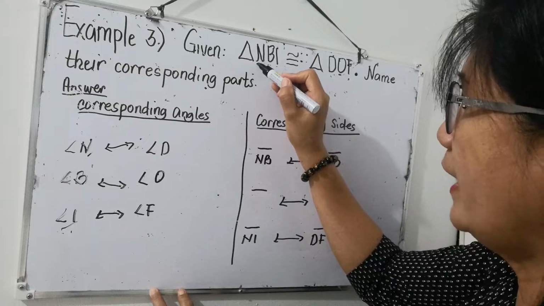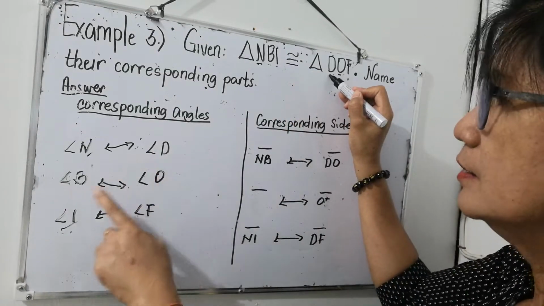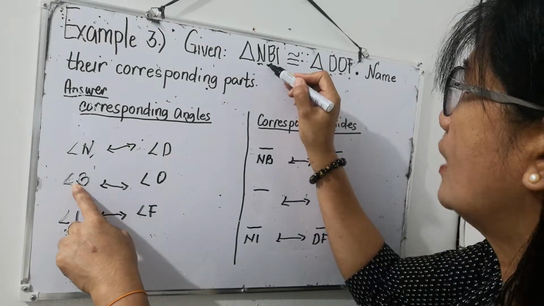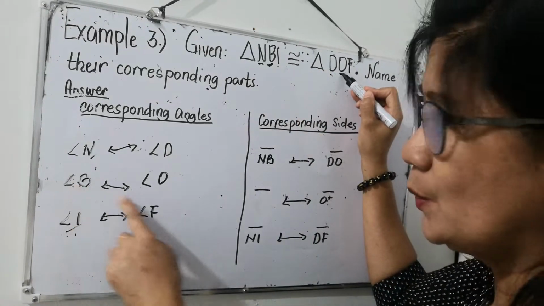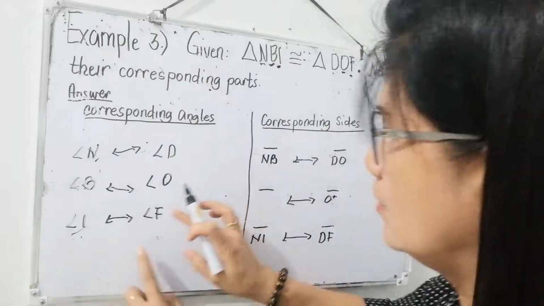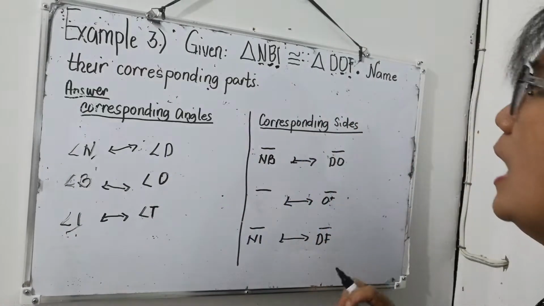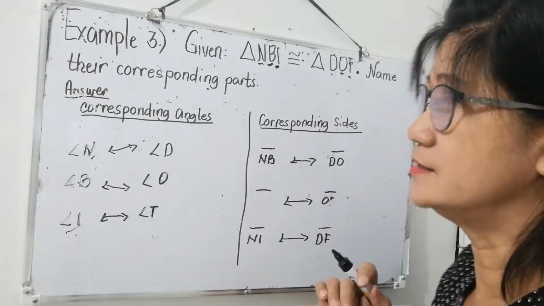So, angle N corresponds to angle D, no? Then, angle B, this one, corresponds to angle O. Angle I corresponds to angle T. Okay, sorry, T yan ha, T. Next, how about their corresponding sides?